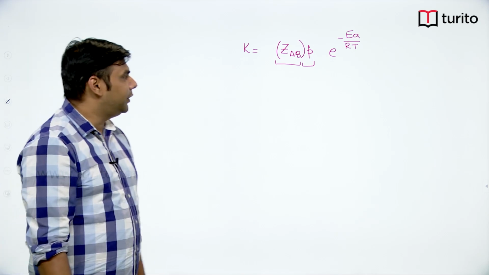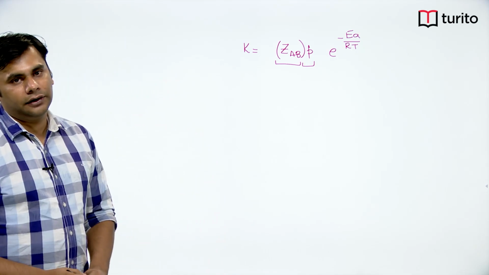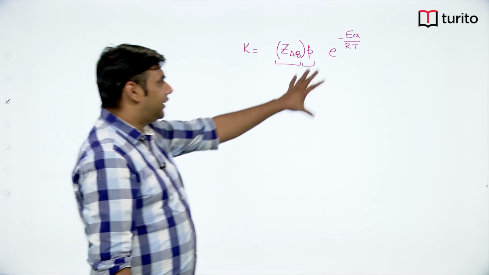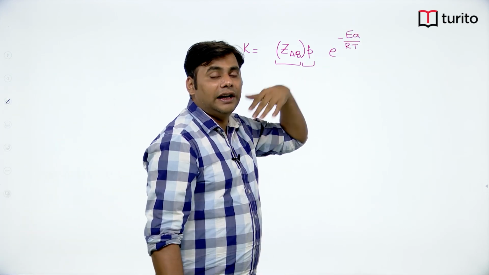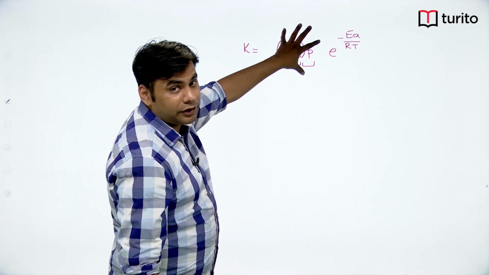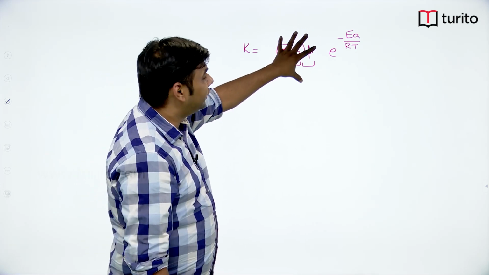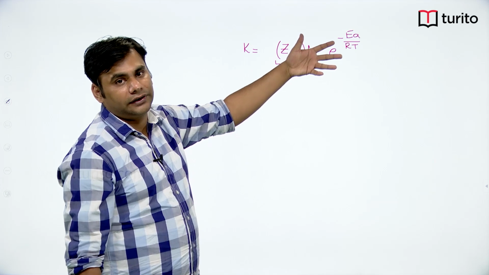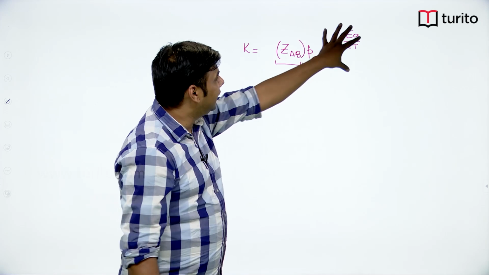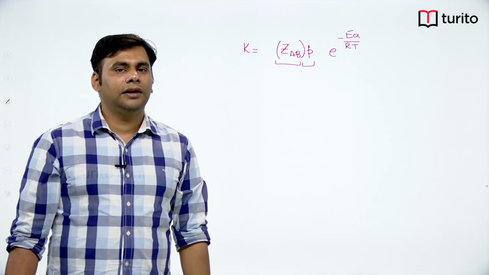So basically k would be ZAB into the steric factor into e raised to minus Ea by RT. I hope you got this now. This exponential term is the fraction of molecules possessing energy greater than or equal to the activation energy, and ZAB into the steric factor is the number of effective collisions, the number of collisions that are allowed through orientation. So allowed through orientation and allowed through energy. We are taking the product, and that will be the deciding factor for the rate constant.